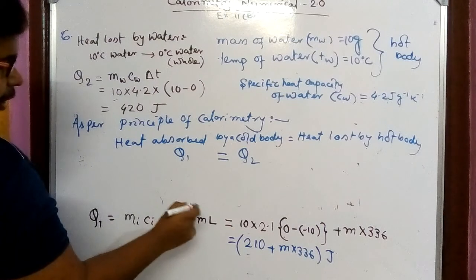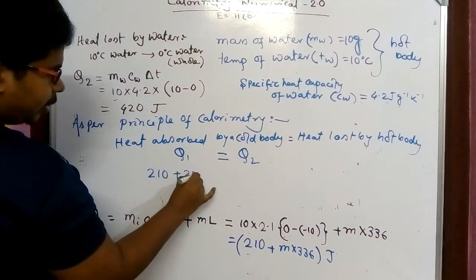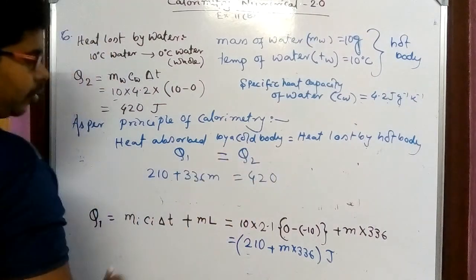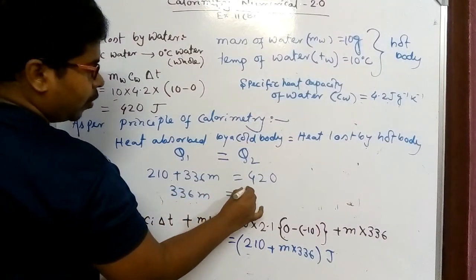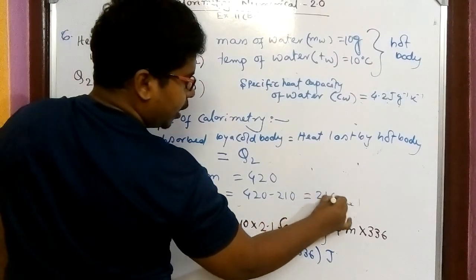So let's put in the values. It is 210 plus 336 into m, and that should be equal to 420. Okay, so 336 m equals 420 minus 210, so it is 210.